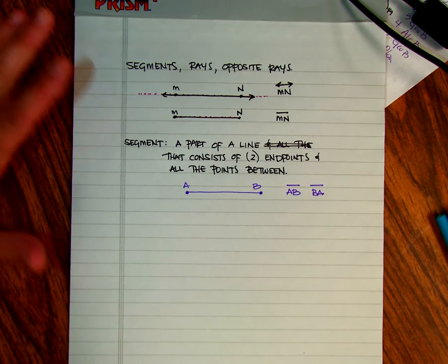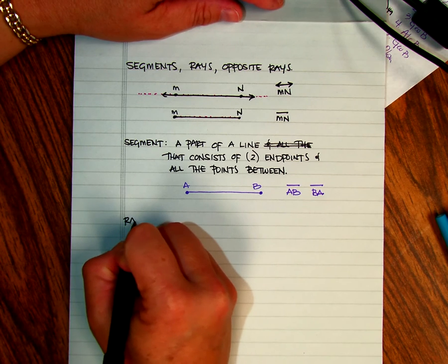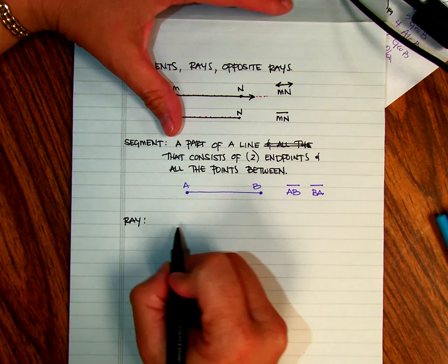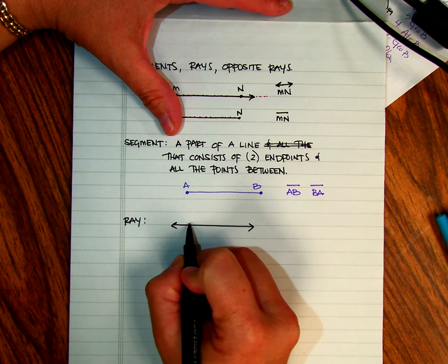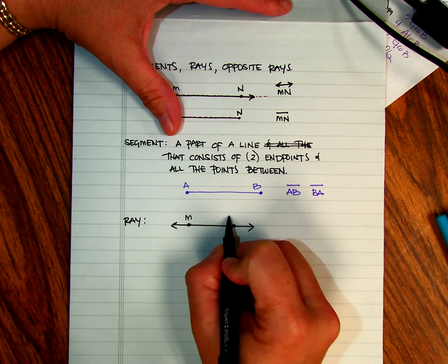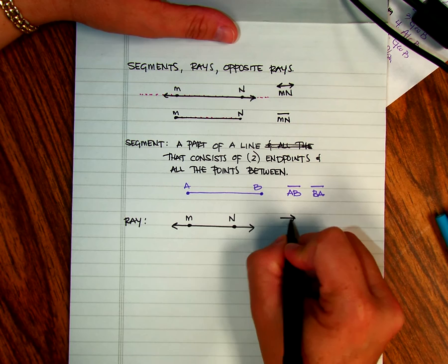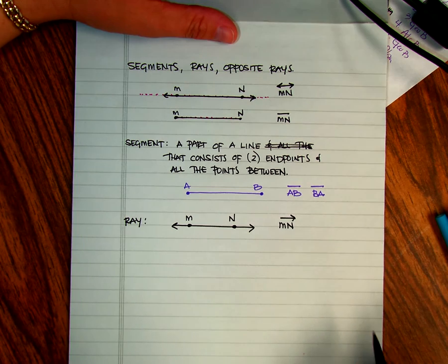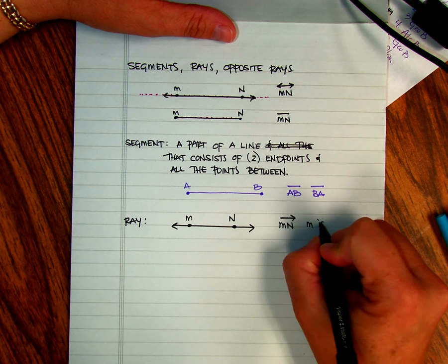Okay? Next we have is a ray. Again, this goes back to the basics of a line. So when we had a line before, okay, if I say ray MN, that implies that M is the endpoint.